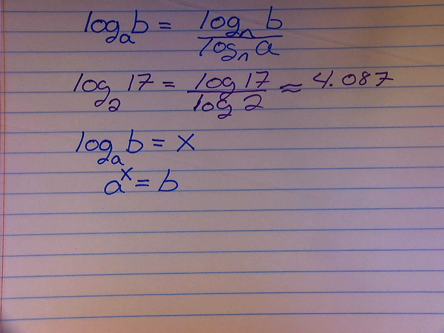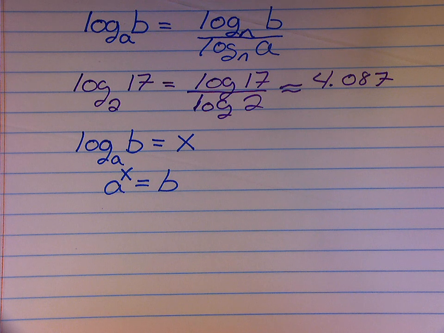Next thing I'd like to do is talk about the property of equations. In the property of equations, if the left side and the right side are equal, I can do anything I want to one side. It will always get me the same on the other side. If I add 2 to the right and add 2 to the left, I'll get the same answer. If I divide both sides by 2, I'll still get the same answer.